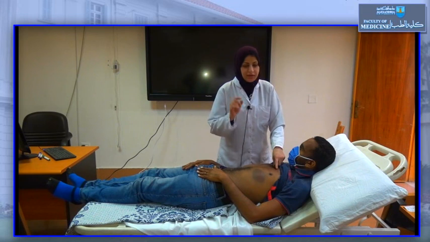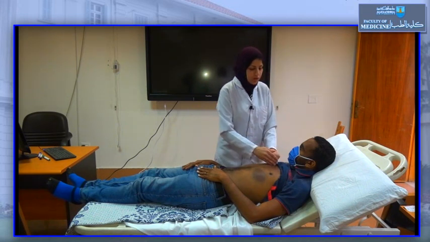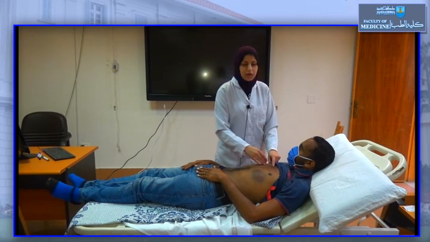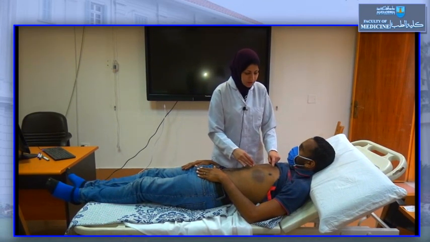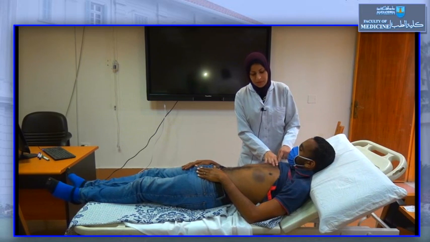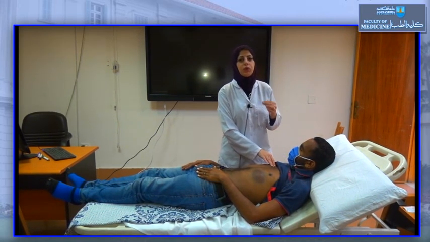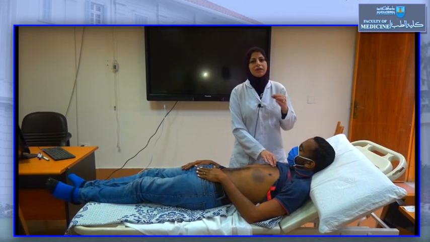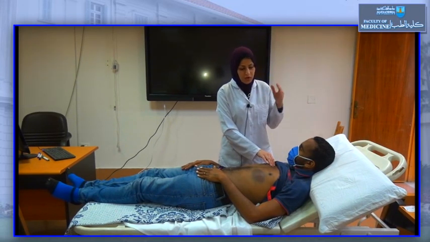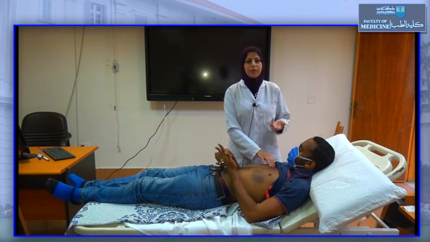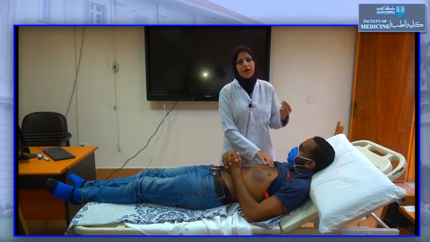Next step, we will examine the right border of the heart. How to examine the right border of the heart? We will start by detecting the upper border of the liver by tidal percussion. We all know how to percuss the upper border of the liver by tidal percussion.